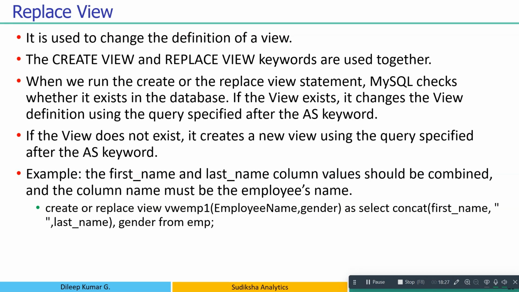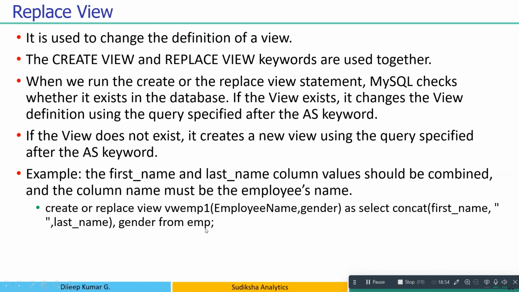So create or replace view is a combination: if it doesn't exist, then it will create new, or if you already have one and you want to modify that, in that case also you can use this command, create or replace view emp1, where you are considering this employee name and gender as selecting the first name and last name comma gender from the employee.